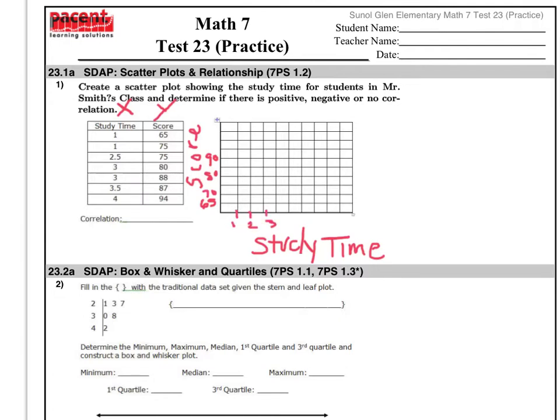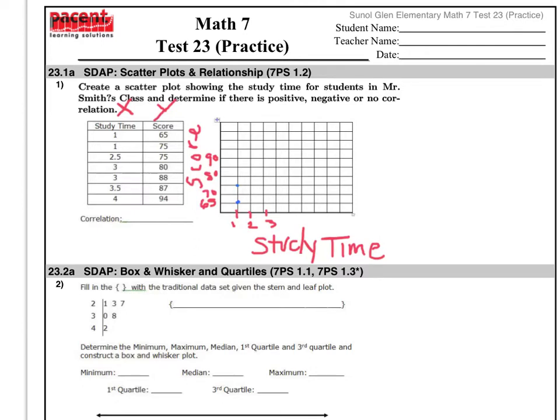All right, so let's put our points in. I have study time of 1 with a score of 65. So at study time 1 with a score of 65, I get a dot right here. And another, I have a study time of 1 with a score of 75. So that's going to go here. And now I have a study time of 2.5 with a score of 75.